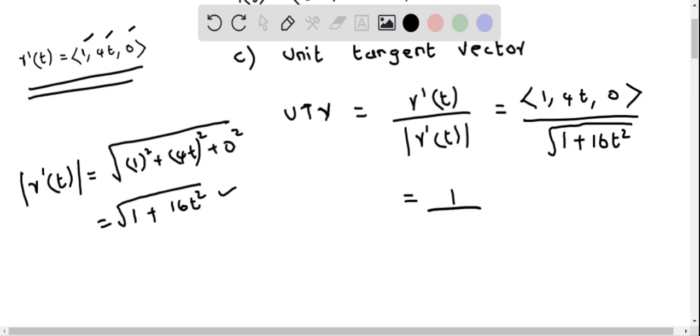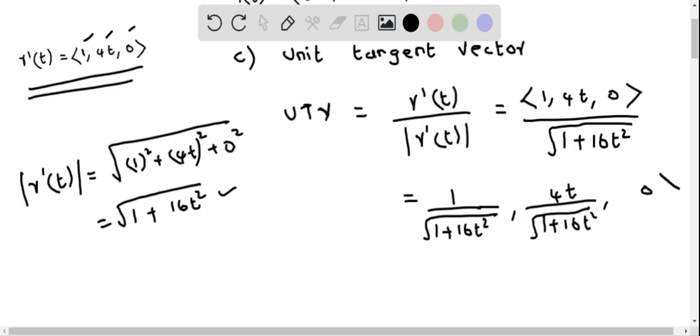We can rewrite this as 1 divided by the square root of 1 plus 16t squared, comma, the next term is 4t divided by the square root of 1 plus 16t squared, comma, 0 divided by the same quantity is 0. So you can just put this as 0. We have written this in component form, and this is the unit tangent vector.